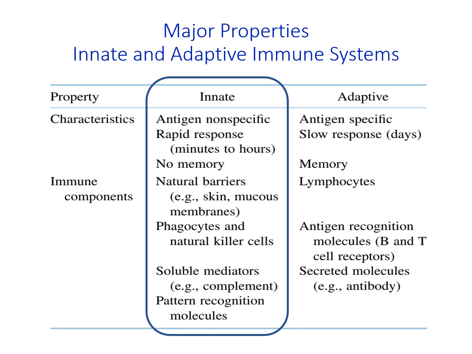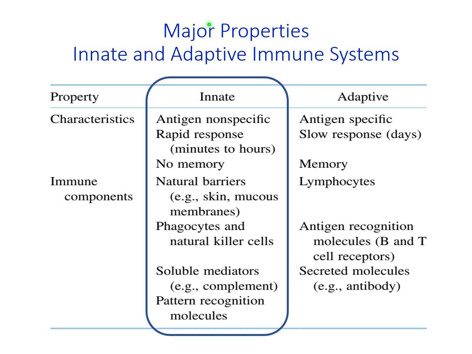Aside from comparing these two systems in terms of response time, specificity, and memory, they can also be compared as two immune components. The components of the innate response we discussed in the previous slides are the natural barriers, the different leukocytes, the soluble molecules like cytokines and complements, and the pattern recognition molecules or the PRRs.